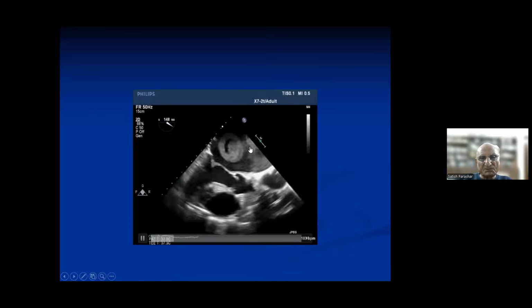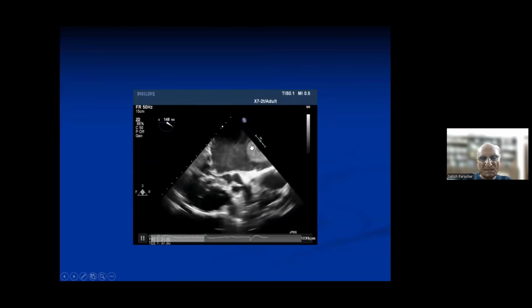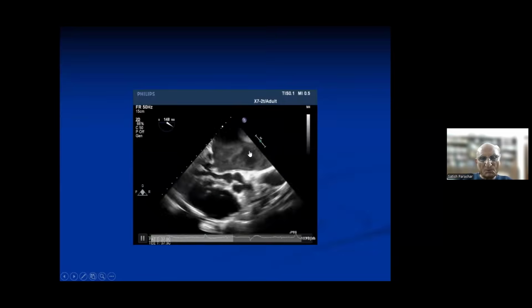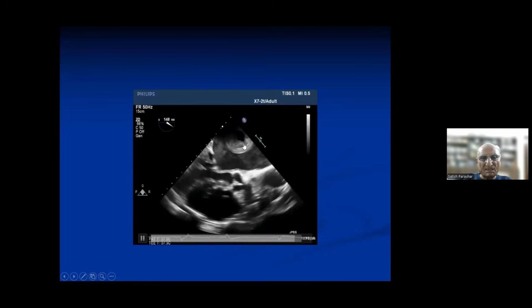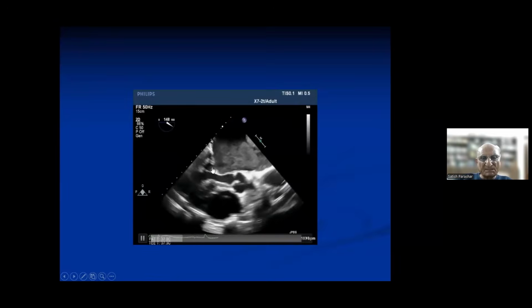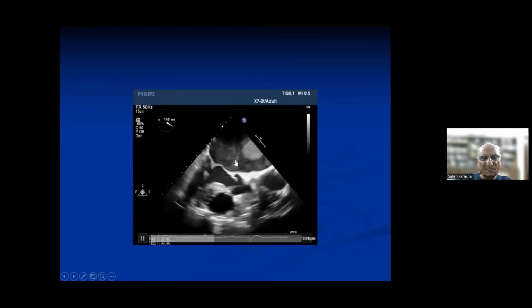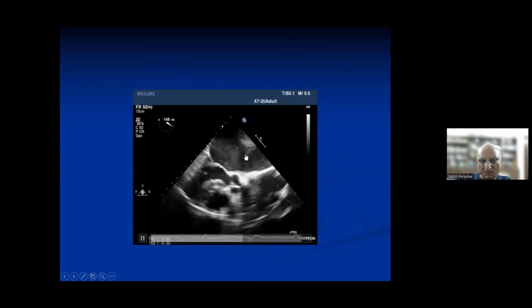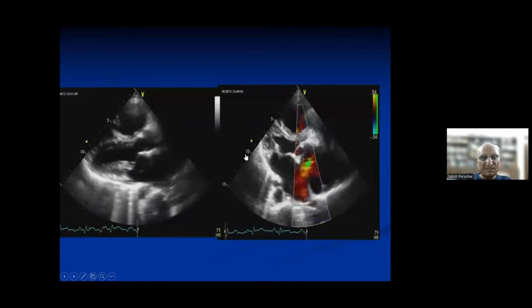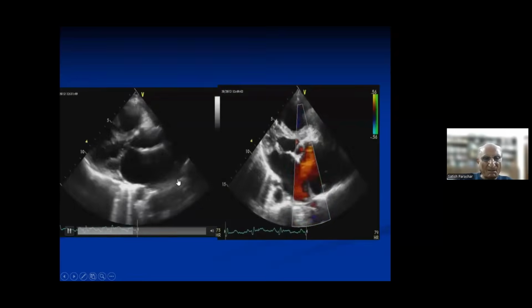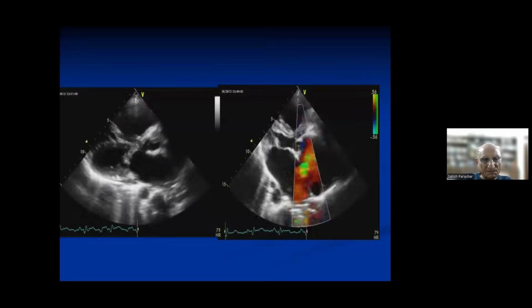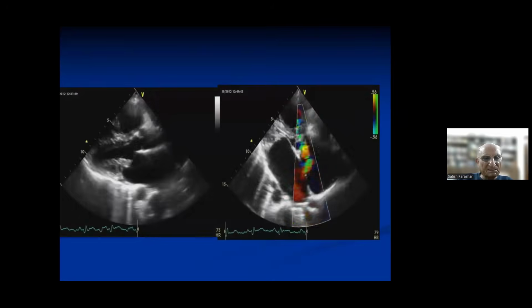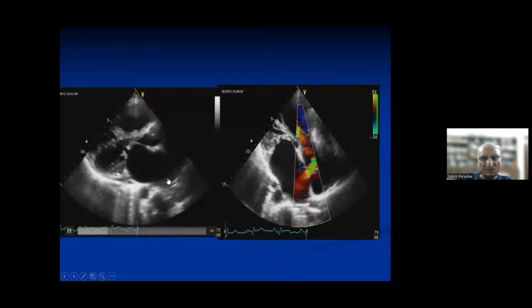And you see again a spontaneous contrast echo and a mobile thrombus. This is a transesophageal view. You see a larger thrombus comes and strikes against the mitral wall. So the point to remember is that whenever you see a spontaneous contrast echo, look for a thrombus, and whenever you have a thrombus, this spontaneous contrast echo must be present also.